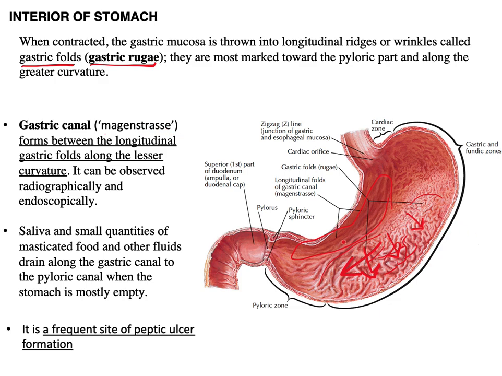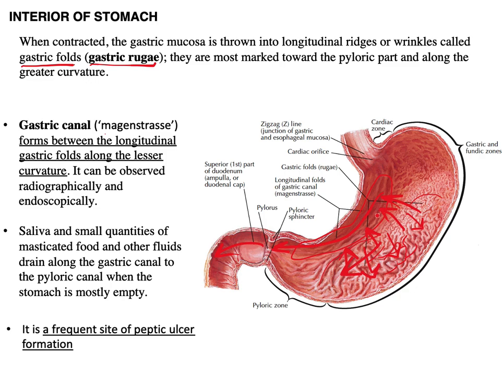Anyway, the location of the gastric canal is important because once the food is broken down and becomes like a fluid, or in the case of saliva and you drink a fluid, or the chyme is ready to move to the duodenum, it passes through the gastric canal and drains through this canal to the pyloric part, then to the duodenum as well.